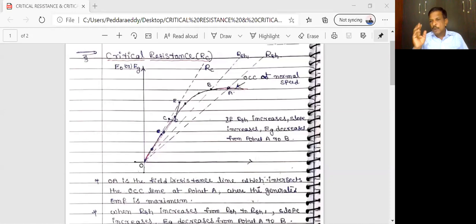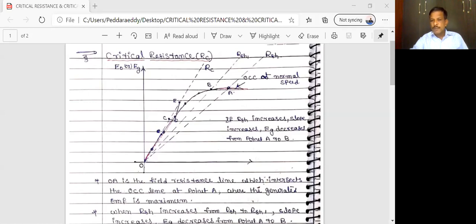Now you take a generator. In any generator we have a field winding. The resistance of that field winding is called RSH. If it is a shunt generator, we take RSH. If it is a series generator, we take RSC, series resistance. Here we are taking a shunt generator.